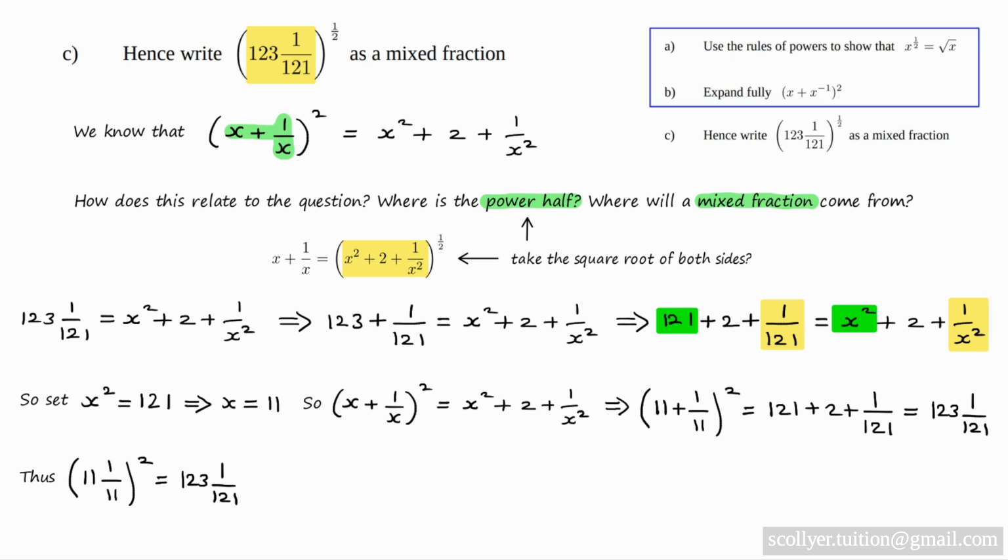And so we have that 11 and 1/11 squared equals 123 and 1 over 121. And so finally we take the square root of both sides to find that 123 and 1 over 121 to the power half equals 11 and 1/11, which is a mixed fraction, so we are done.